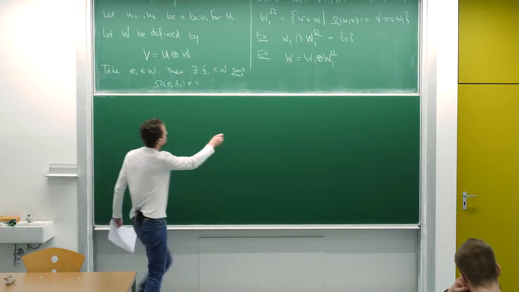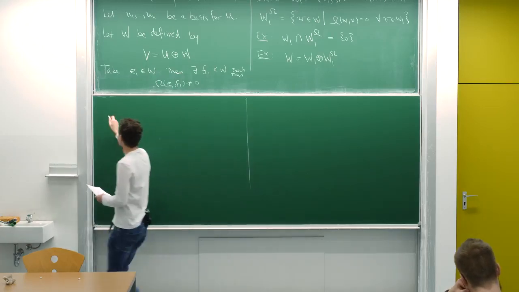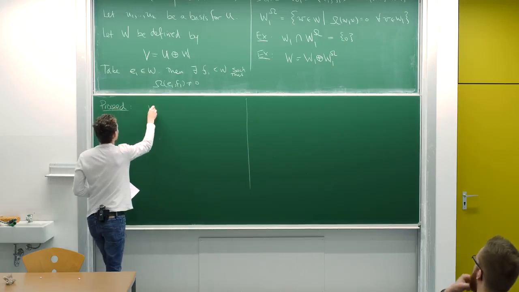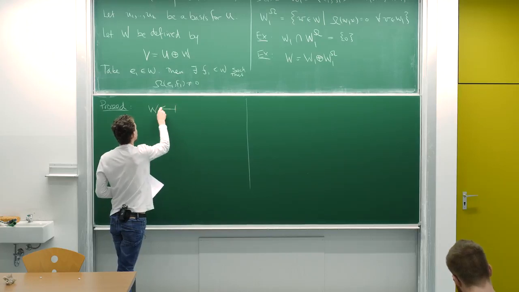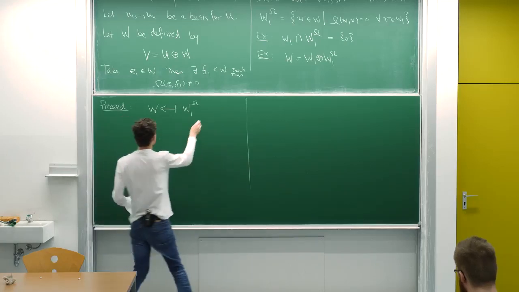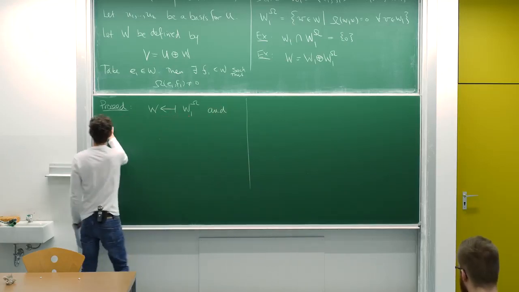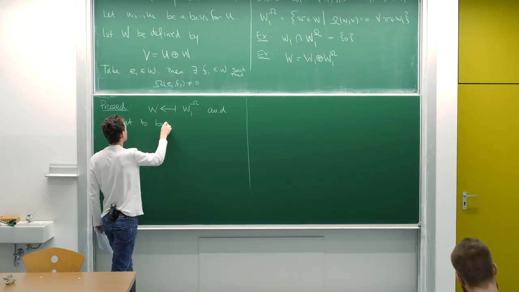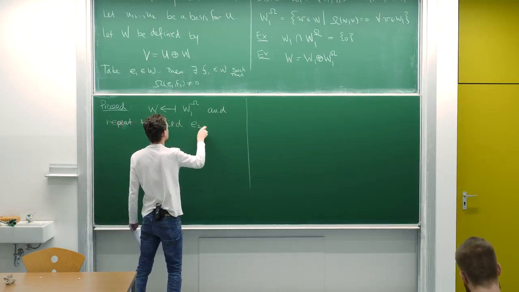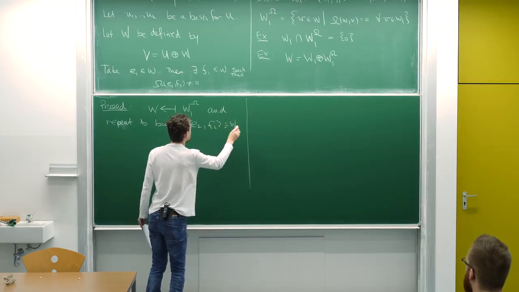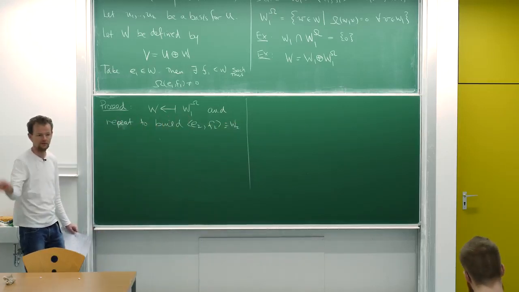Okay, so to proceed, by replacing W with W1 omega and repeating, that allows you to build E2, F2, which we're going to call W2, and continue.